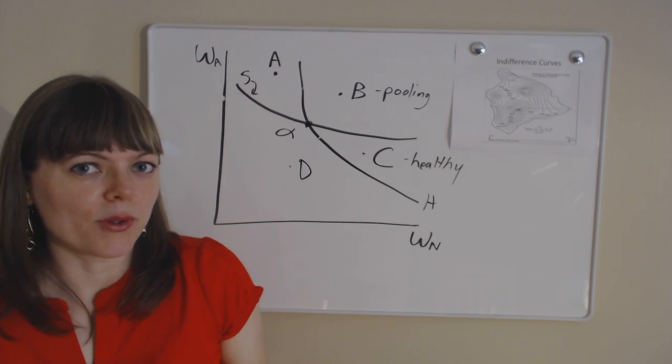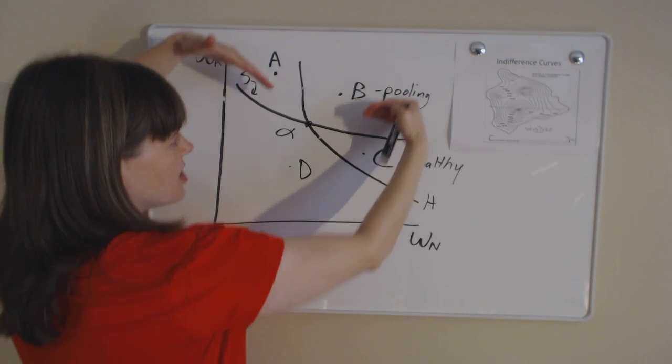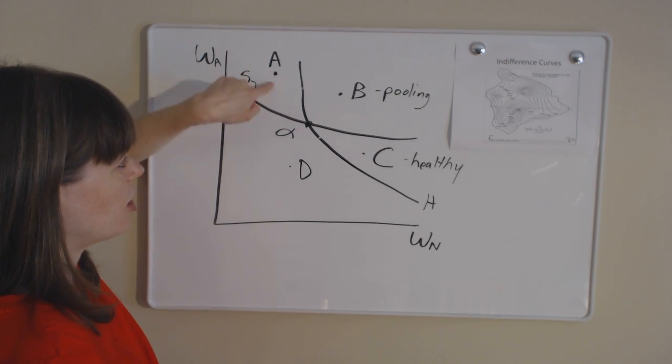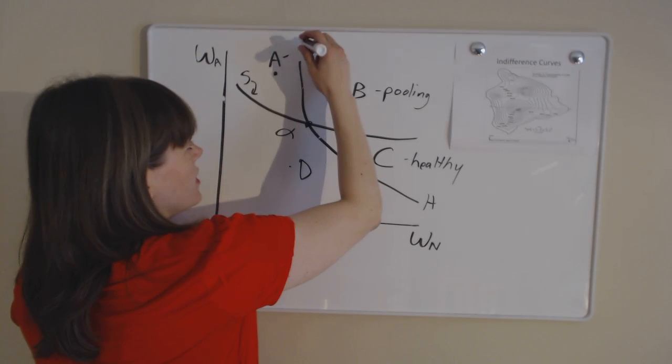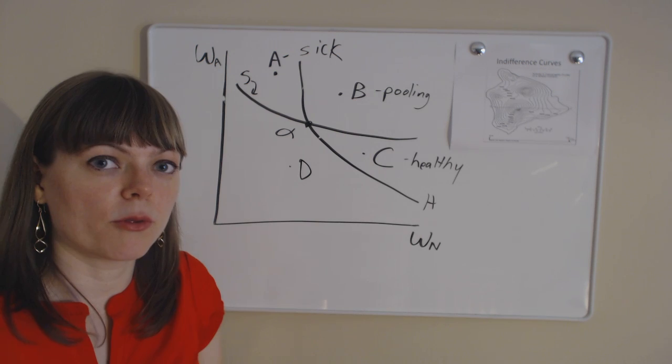What about the sick people? Here's their indifference curve. Point A is higher on their utility mountain, so they would switch over to A. So if we offer this package, we're only going to attract the sick people.